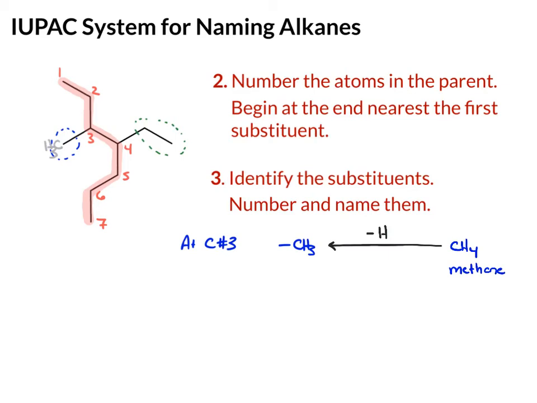And the way we represent that in the name is you change the ending. So CH4 is methane. When we lose that hydrogen and we get this substituent group, we change the ANE to YL, and this is called a methyl group. So then on the parent, what we say is that we have a 3-methyl.